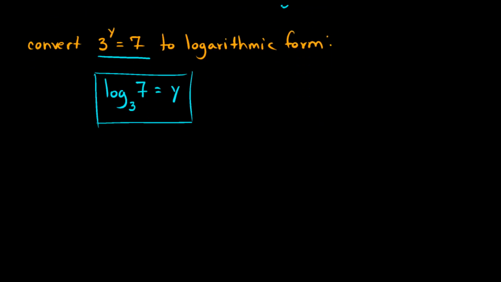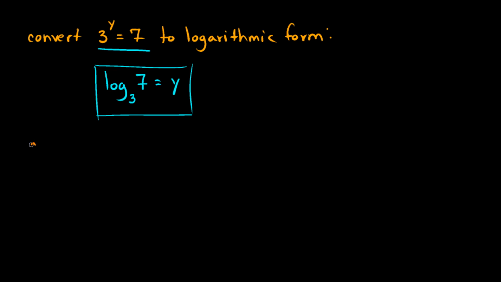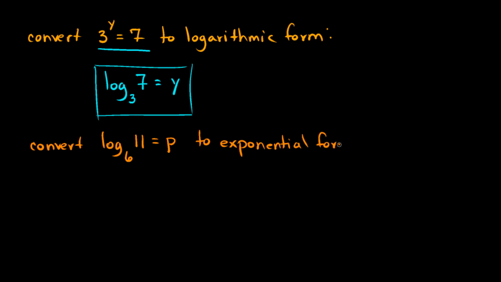Let's go and do it the other way. Let's convert, let's say log base 6 of 11 equals p, to exponential form. Okay, so for this one, the exponential form is a base to an exponent equaling some value.